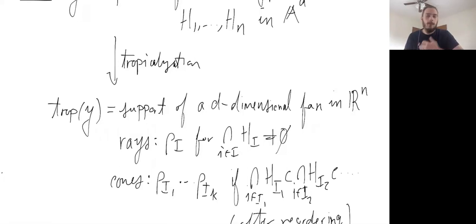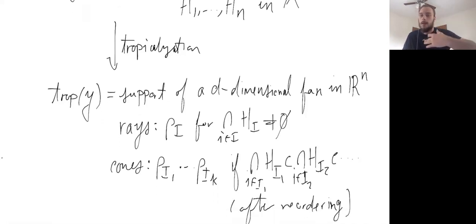But the particular fan structure is not so important for me. The point is I can associate to this variety Y its tropicalization, which is some support of some fan, and then I can use this tropicalization to try to find good compactifications of this variety Y.